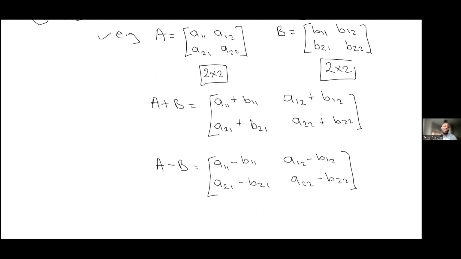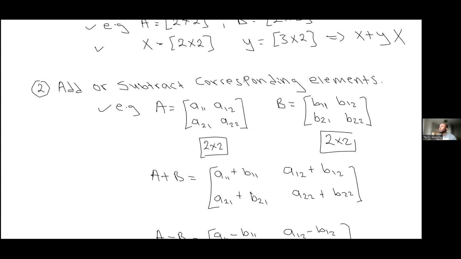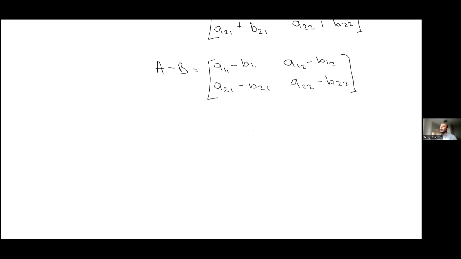So you keep going. If it's a 4 by 4, you do it for all the elements. That's what I meant by adding or subtracting the corresponding elements. And then number 3, you finally end by simplifying, or you solve it. That's how you add or subtract matrices.